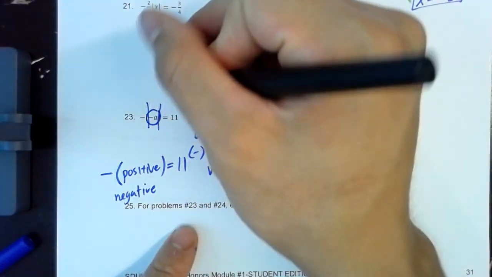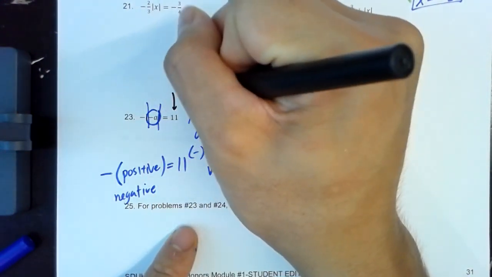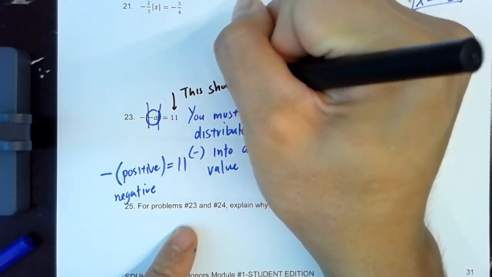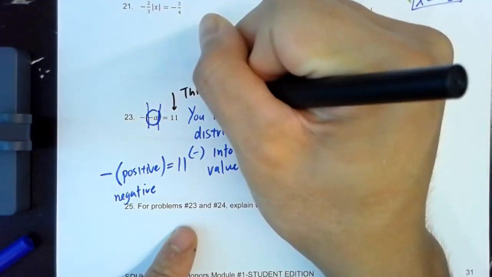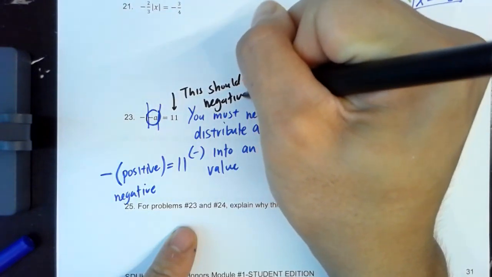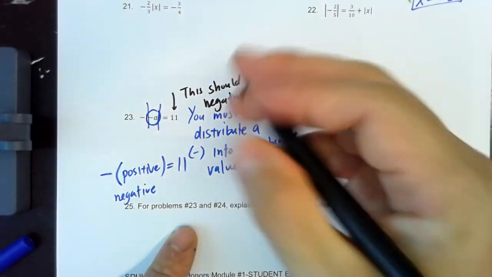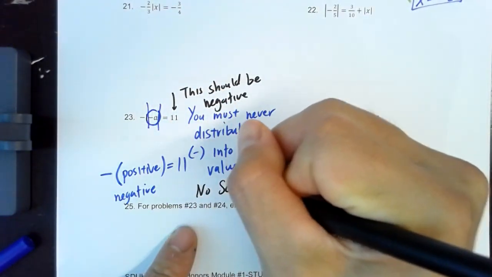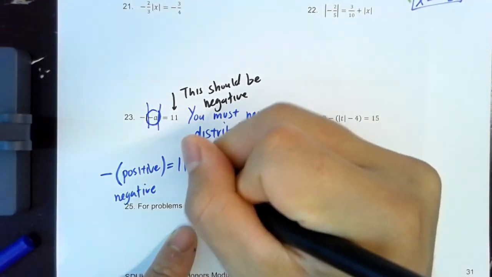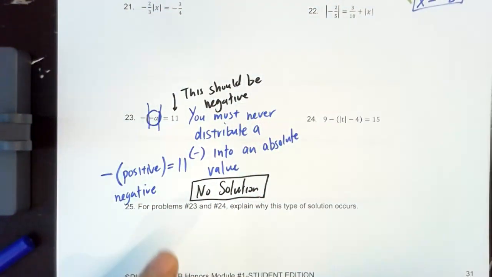So this should be negative. And the fact that it isn't negative means that this is a no solution example, right?